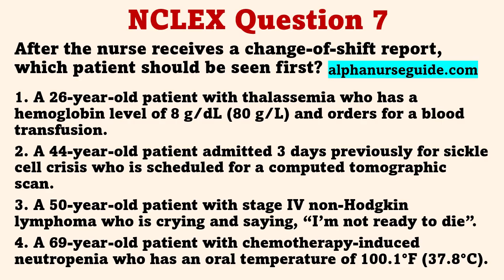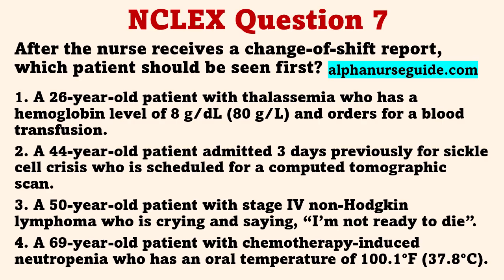A 50-year-old patient with stage 4 non-Hodgkin lymphoma who is crying and saying, "I'm not ready to die." 4. A 69-year-old patient with chemotherapy-induced neutropenia who has an oral temperature of 100.1 degrees Fahrenheit.